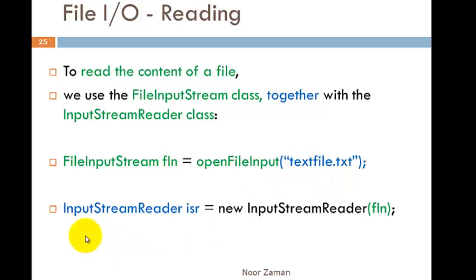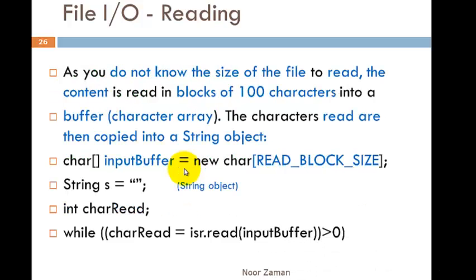Then this is the input stream reader. We are creating its object, and then we are passing the object we created for the file input stream. So this is different for the reading purpose. For reading, we have another issue too, because when we are reading the file, we don't know its actual size. Maybe it is a small file, maybe it's big.